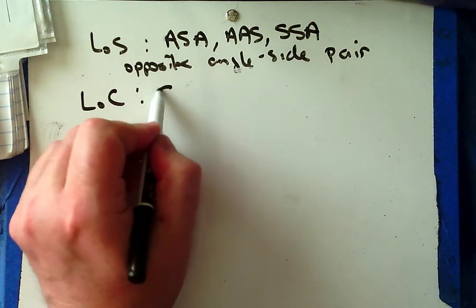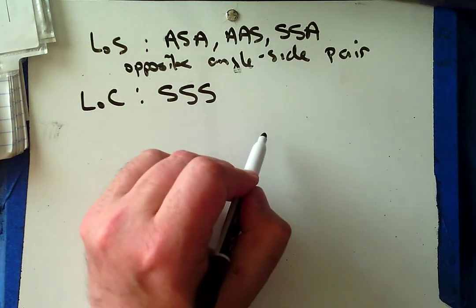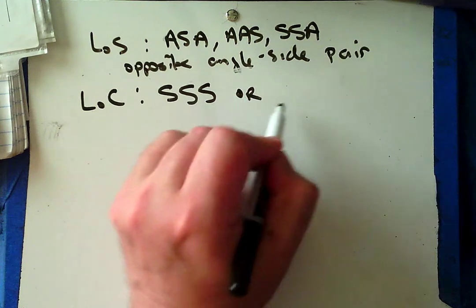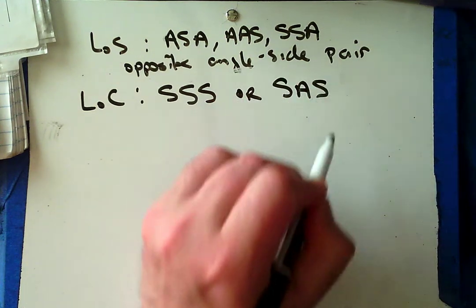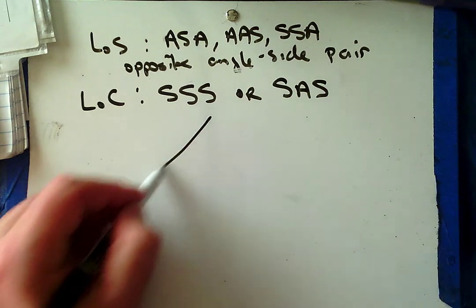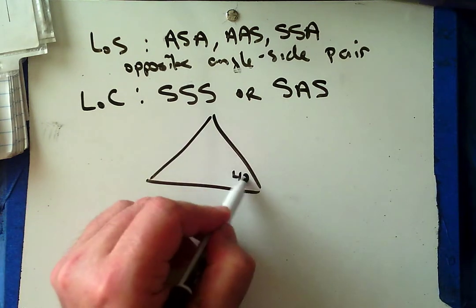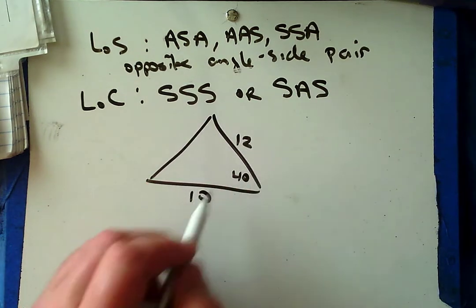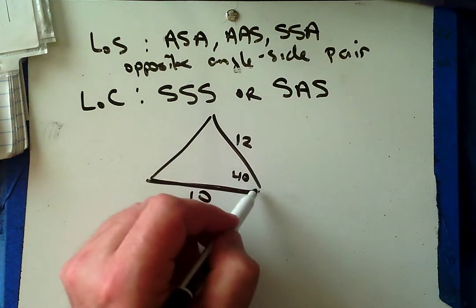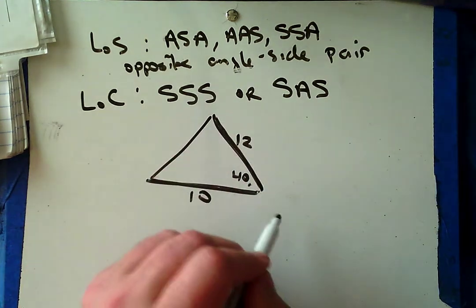Law of cosines works wonderfully when we're given three sides or when we're given side angle side. So that last case that I just drew, where I had 40 here and 12 and 10, this is side angle side. We've got a side and then an angle and then another side.